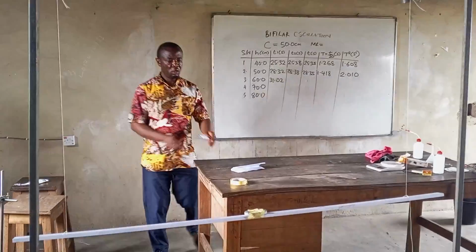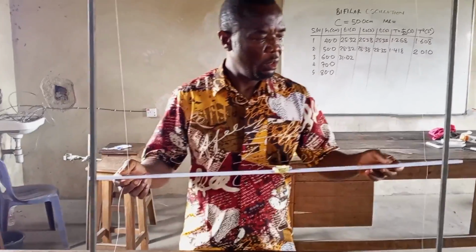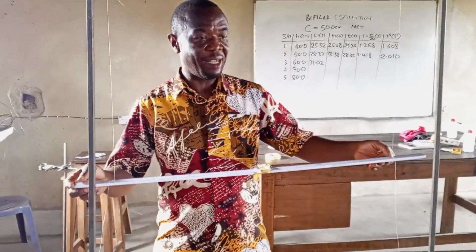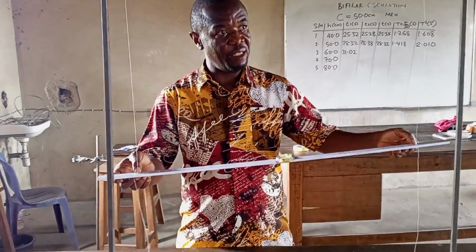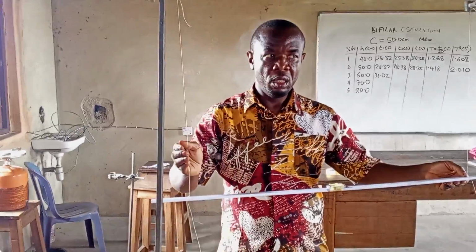Okay. Repeat it again. Remember that this place is at 10, the tray here is at 90. It's constant. What we are varying is the length only.